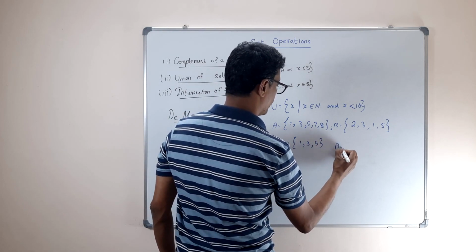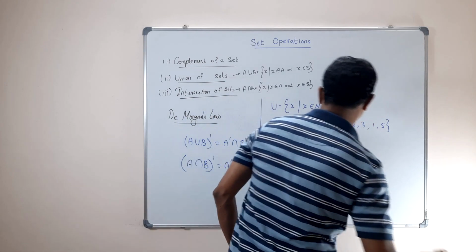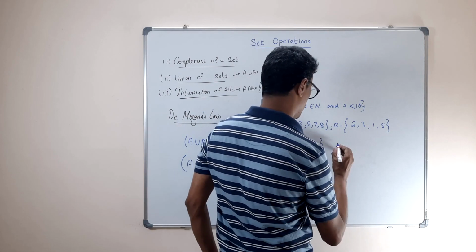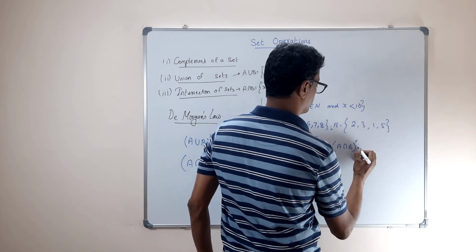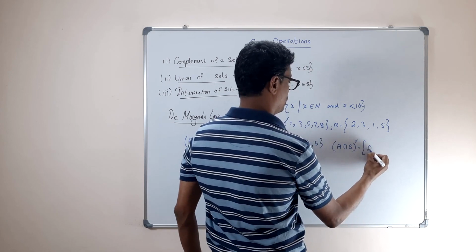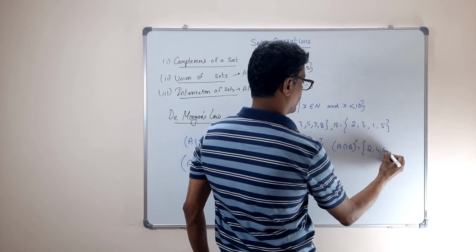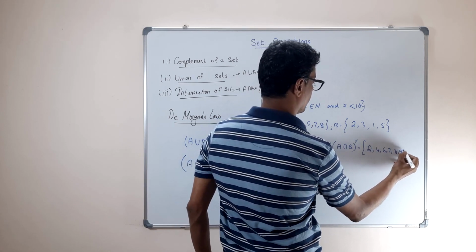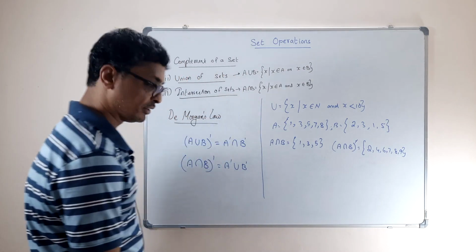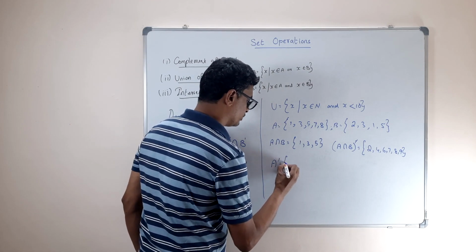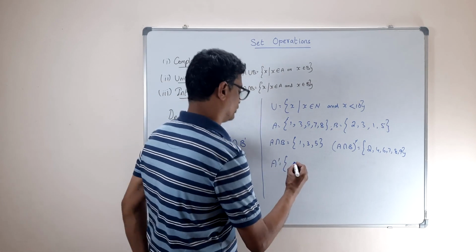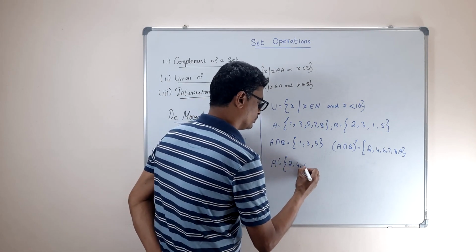And can you tell me the complement of A intersection B? 2, 4, 6, 7, 8, 9. Correct? So let us go for A prime, the complement of A: 2, 4, 6, 9.